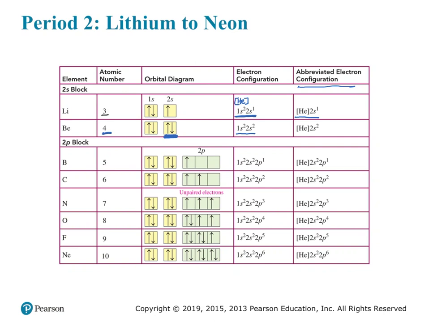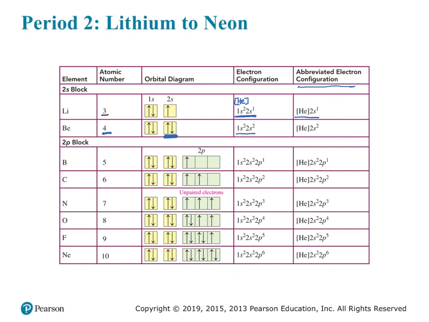Now, obviously, with these first few elements, abbreviating the configuration doesn't make a lot of sense because it doesn't look a lot shorter, right? But later on, we'll find we might have really long electron configurations, and it'll just be easier to put in a noble gas instead.